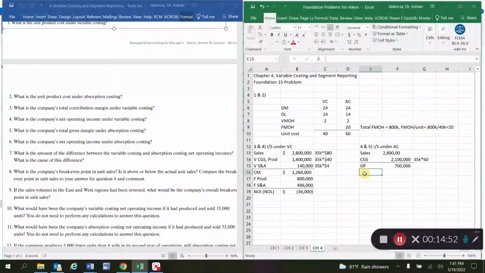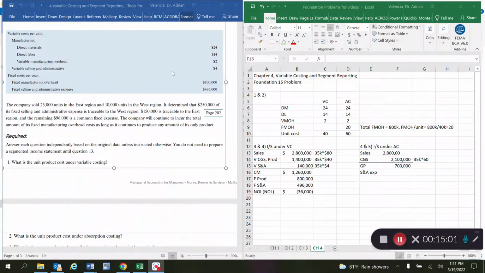And then minus S&A, selling and administrative expenses, which we were told are $4 per unit plus 496,000. So this is going to be 35,000 times 4. That's the variable component. Let me put some brackets here.